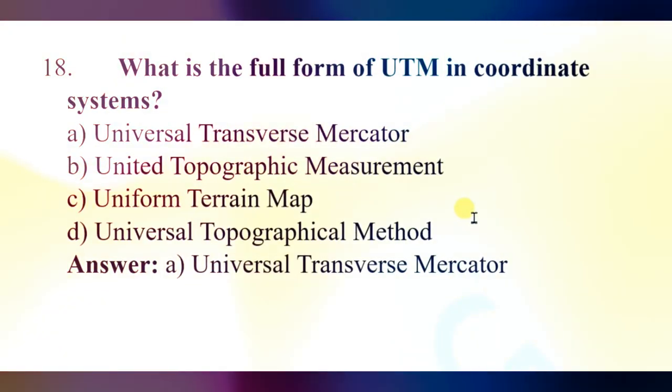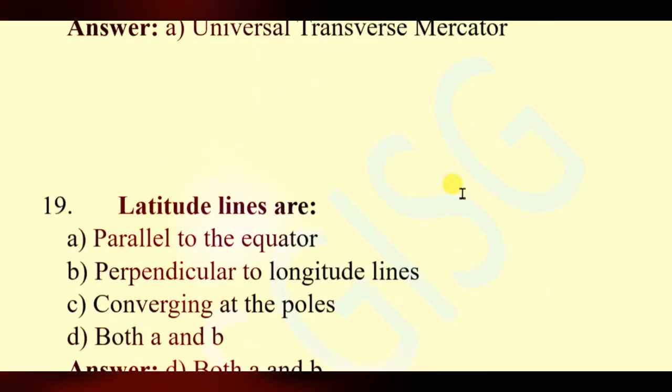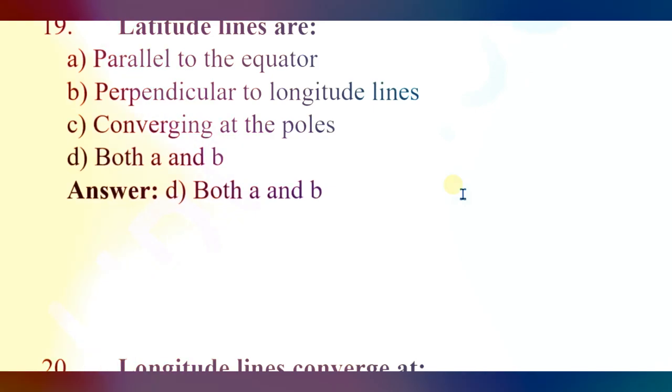Question number 18. What is the full form of UTM in coordinate systems? Universal Transverse Mercator, or United Topographic Measurement, Uniform Terrain Map, Universal Topographical Method. Here the right answer will be Universal Transverse Mercator. 19.